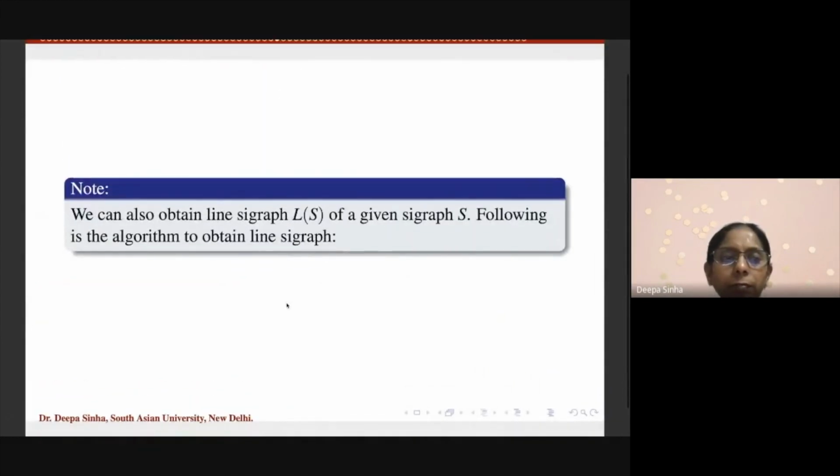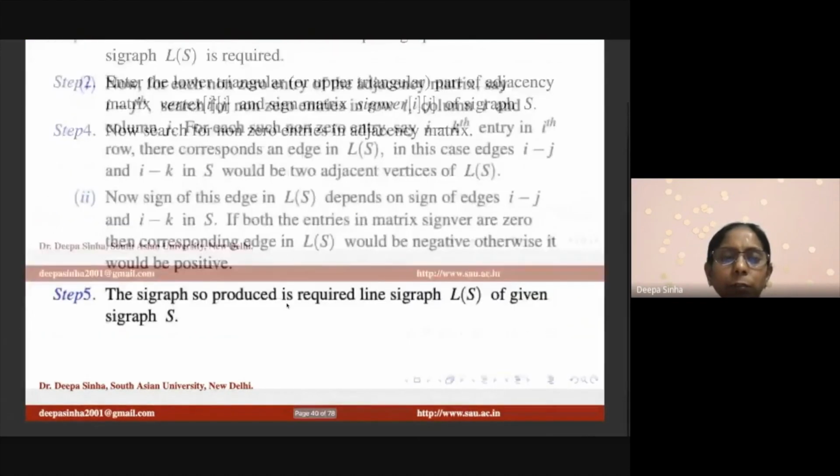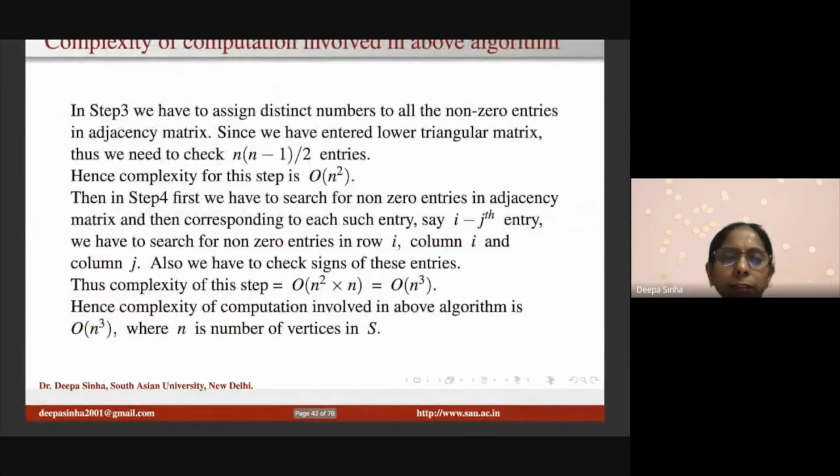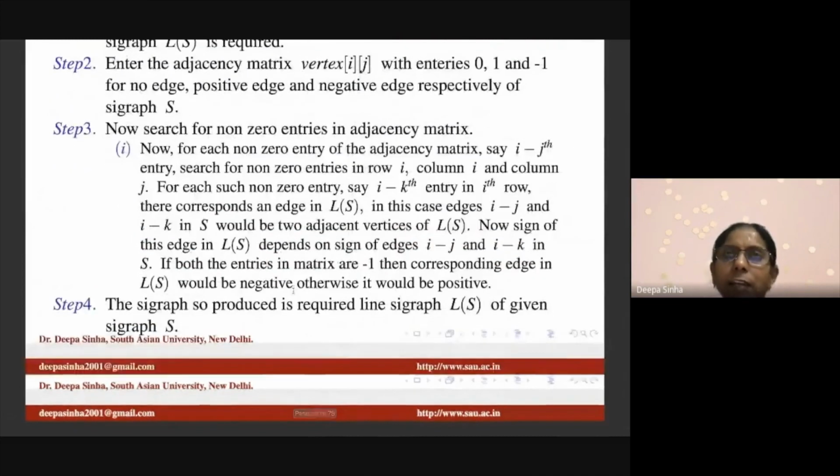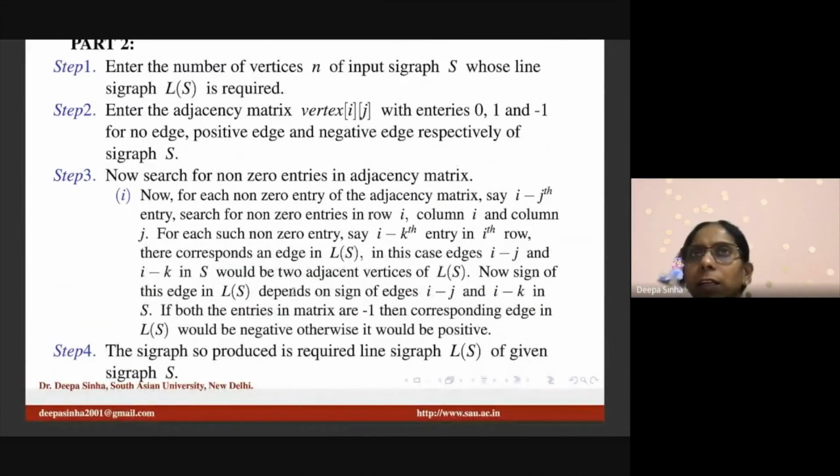Then these are the algorithms to obtain the line sign graph. Several algorithms are obtained: an algorithm to obtain LS from S, an algorithm to obtain S from the given line sign graph, and how can you obtain an S-consistent line sign graph?